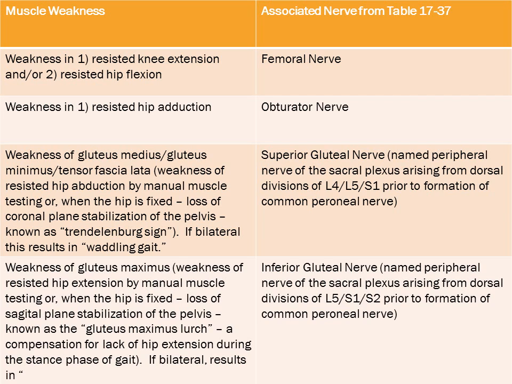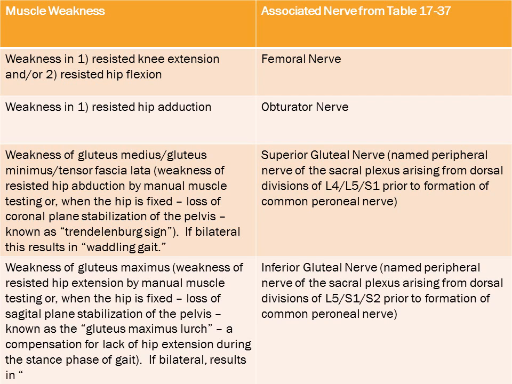It's the gluteus medius that stabilizes the pelvis in the coronal plane. And so this creates a gait disturbance known as the gluteus maximus lurch, which is a compensation for lack of hip extension during the stance phase of gait due to weakness of the gluteus maximus, which is associated with the inferior gluteal nerve.